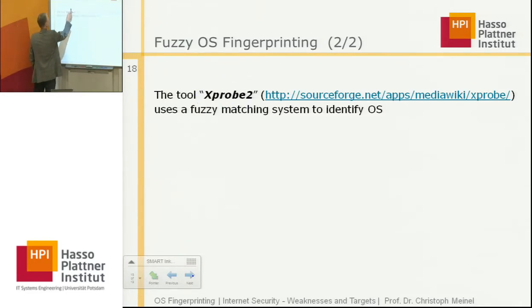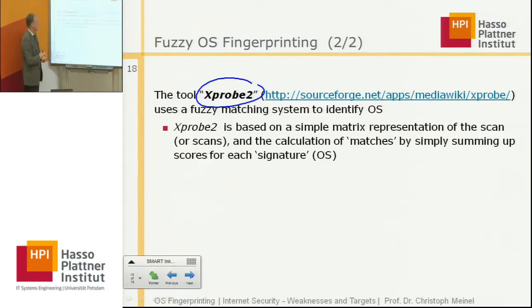So the idea of fuzzy operating system fingerprinting is to give at least a hint what kind of operating system is used, and a tool that works exactly on this idea and basis is XProbe 2, which uses a fuzzy matching system to identify the operating system. XProbe 2, for example, is based on a simple matrix representation of the scans. And then there is a calculation of the matches. For each of these properties, for each of these hints, there is a representation.